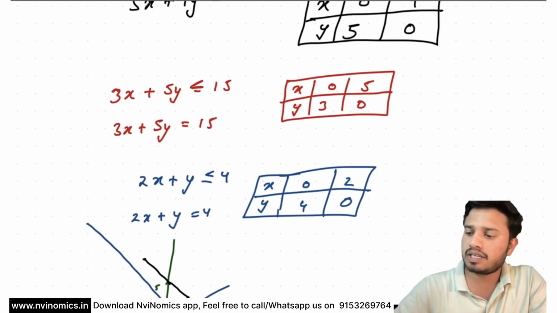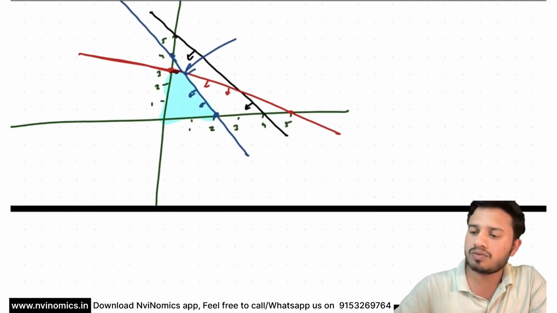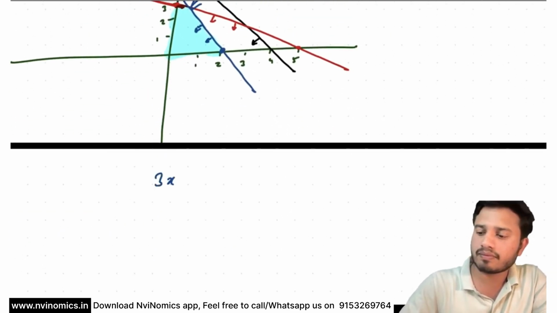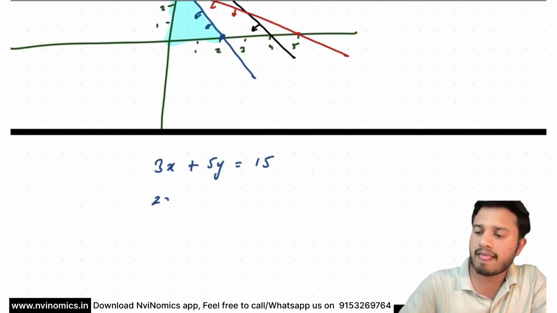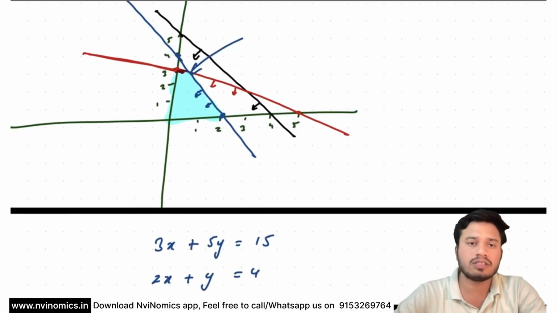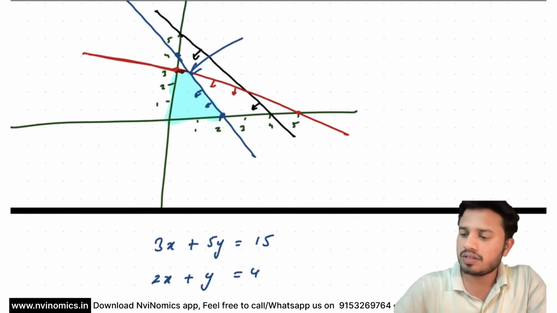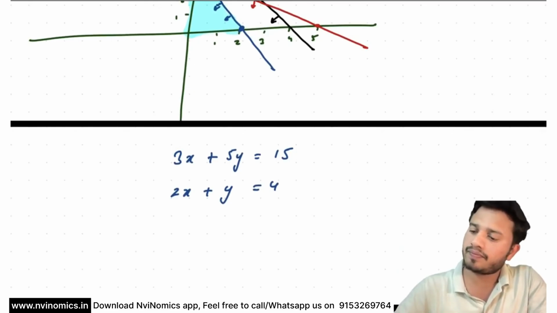So just write the red equation, 3x plus 5y equals to 15, and the blue equation, that is 2x plus y equals to 4. We have to find this common intersection point. So you can just multiply it by 5.